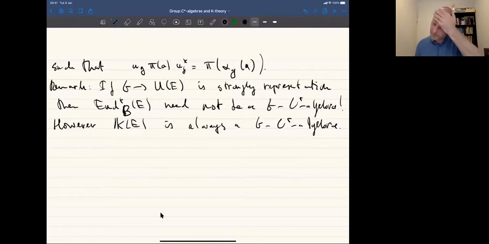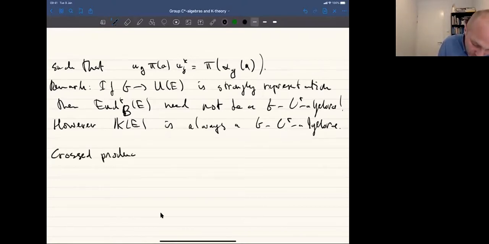And this, again, already holds in Hilbert spaces. All right. Now let's go to the definition of cross products. And we derive the group C-star algebra as a special case of that. So we're going to look at the space. So A is a G-C-star algebra.